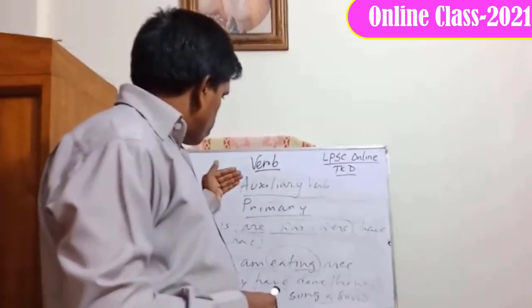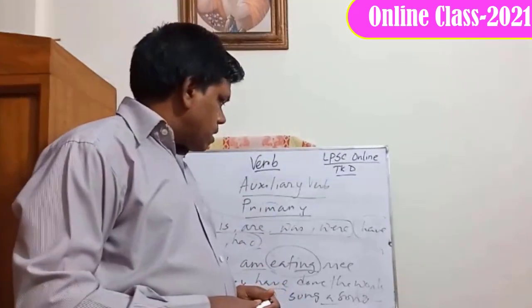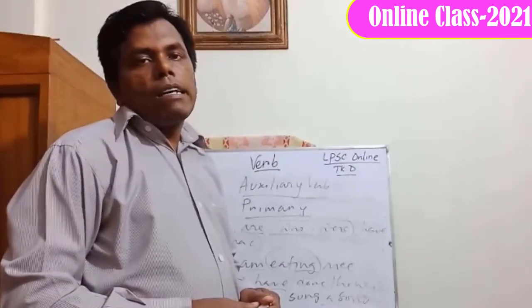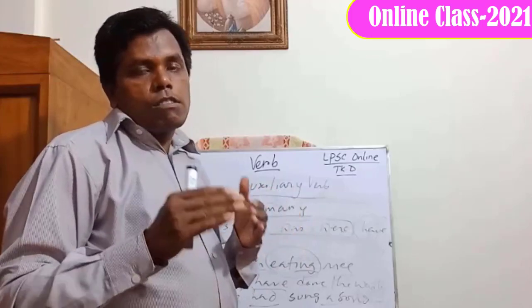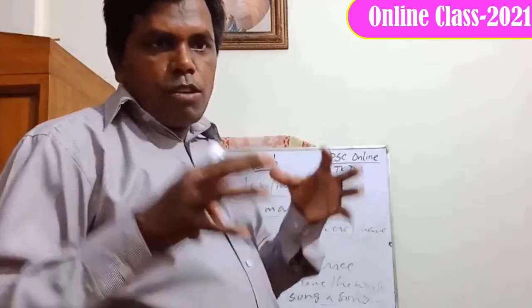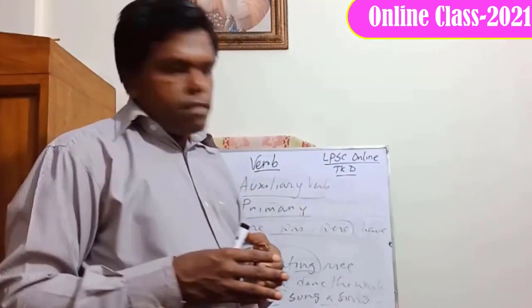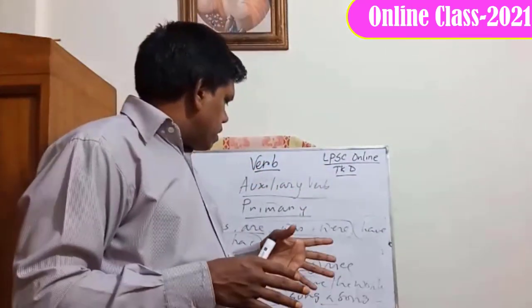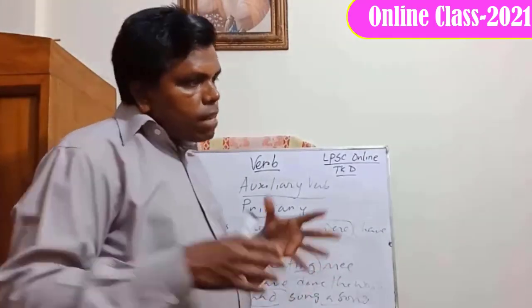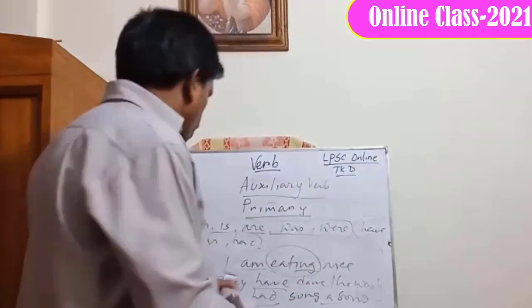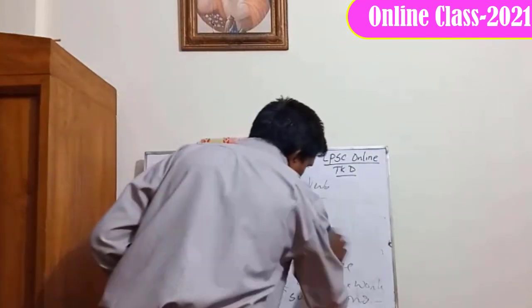So they are very special as primary auxiliaries, because they don't give scope for the principal verb to stay in its own place. They don't give such kind of shaping. Okay. So what are models? You will see what models are.